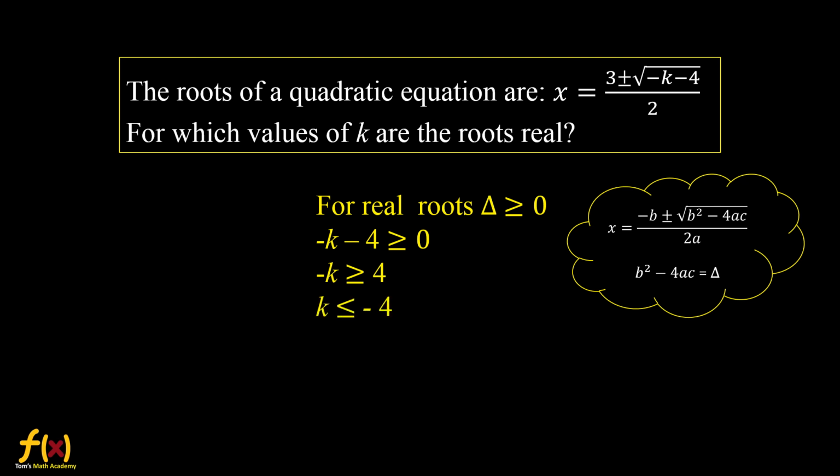Dividing or multiplying by minus 1, we get k less than, remember the change of inequality there, k less than or equal to minus 4. Any value less than or equal to minus 4 is acceptable. Okay.